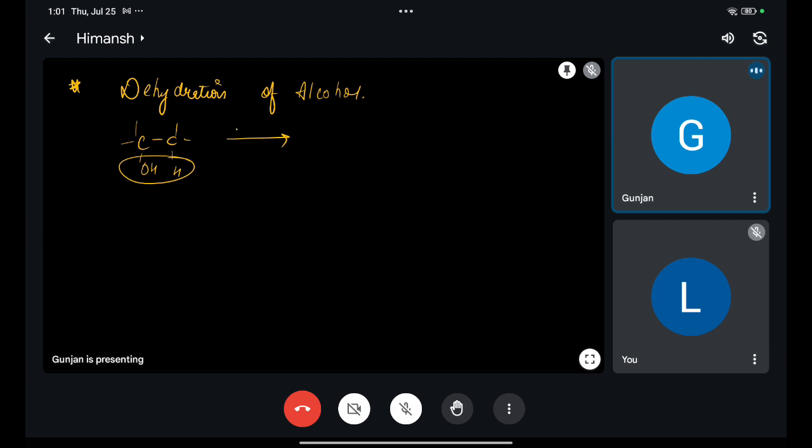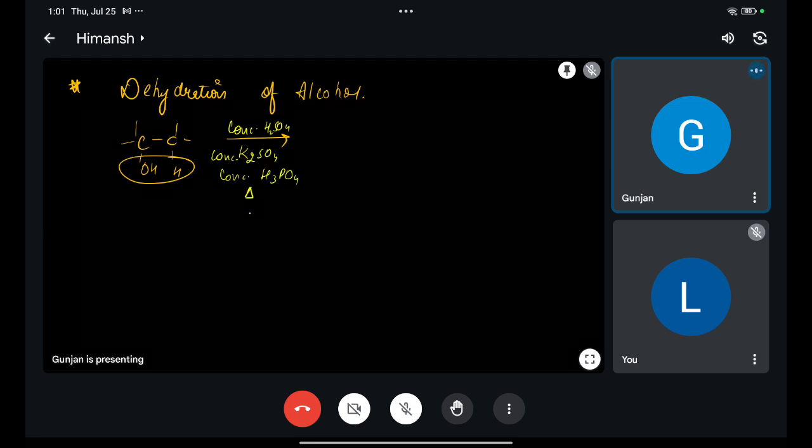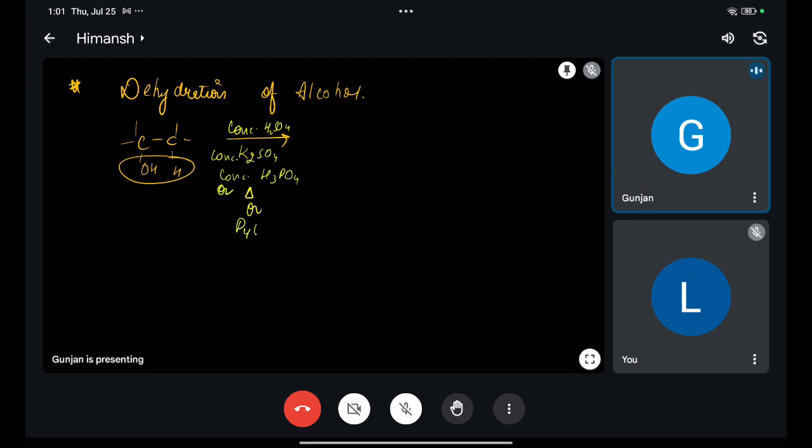So any type of acid: concentrated H2SO4, K2SO4, H3PO4, with heat, or P2O5, P4O10, or Al2O3.